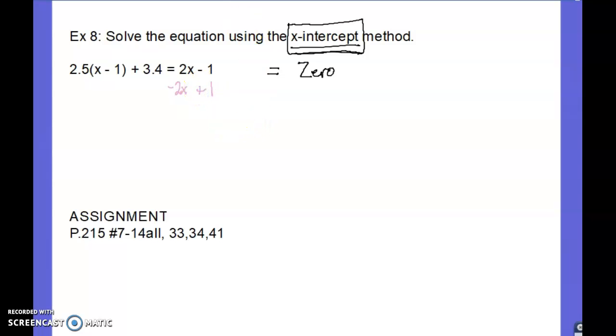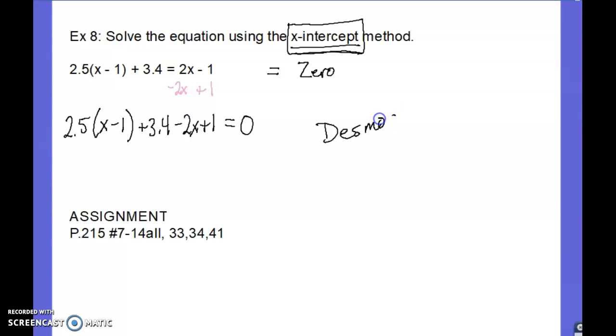And what's nice about this problem, so I'm getting the right side to equal 0, is you don't even have to simplify this because I'm asking you to use a graphing calculator anyway. So you can just write it, minus 2x plus 1, and then go to Desmos. And if I ask you to do this on a test, I'm fine if you show the work that shows that you set it equal to 0, and then tell me you went to Desmos or your own graphing calculator to get this answer. So let me pull up Desmos.